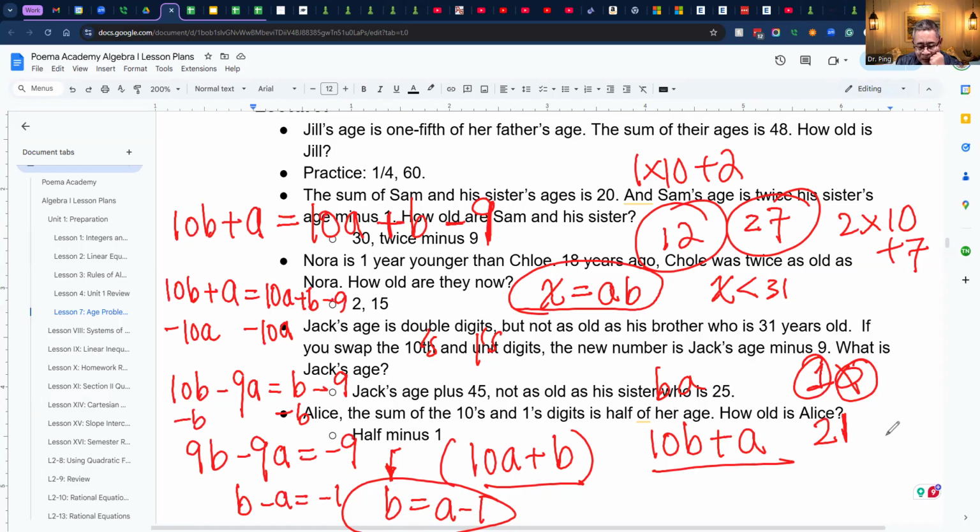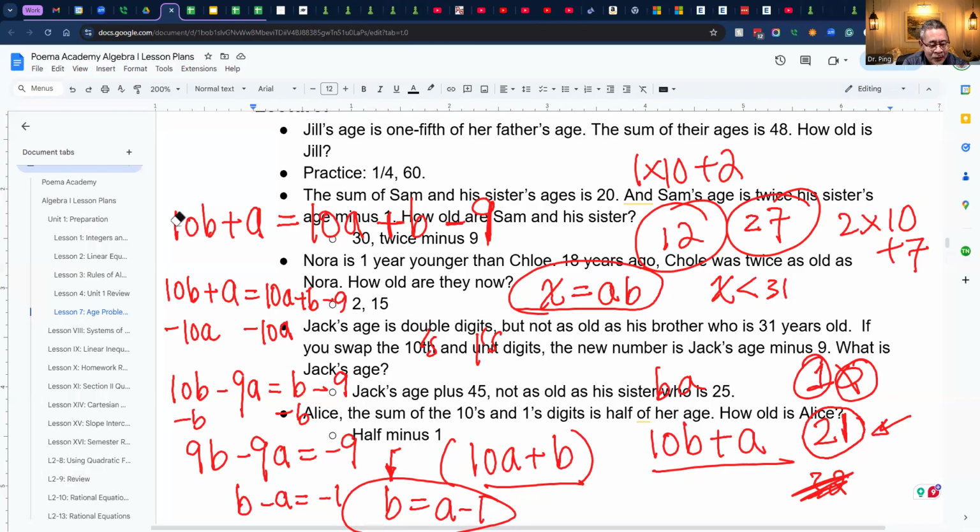Okay, and so now let's check this answer, 21. It could be 32, but we said it's less than 31, so we cannot have that. So it's 21.